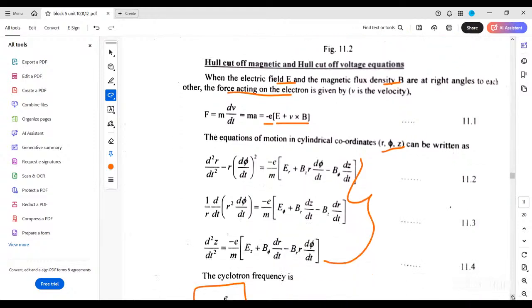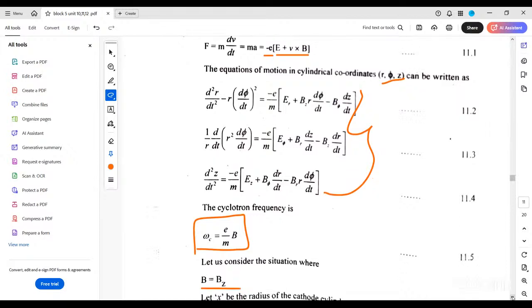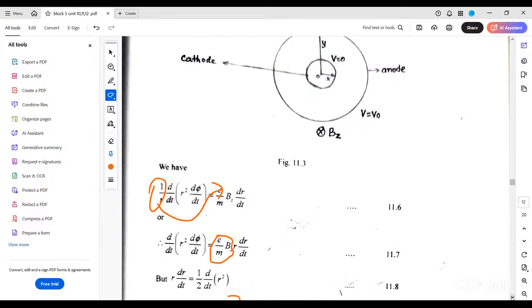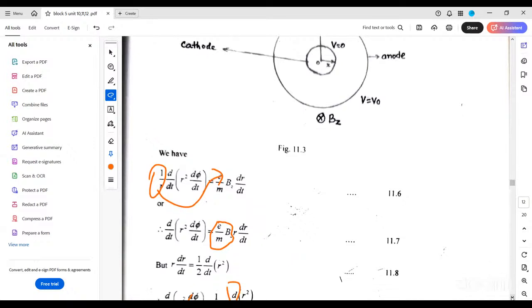After writing this, we took frequency equal to eB by m. And here the magnetic field is chosen as B equal to Bz. Based on that, we wrote equation 11.3. From 11.3 only, we got 11.6.